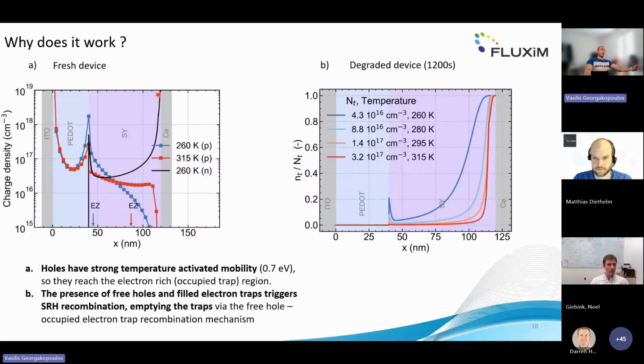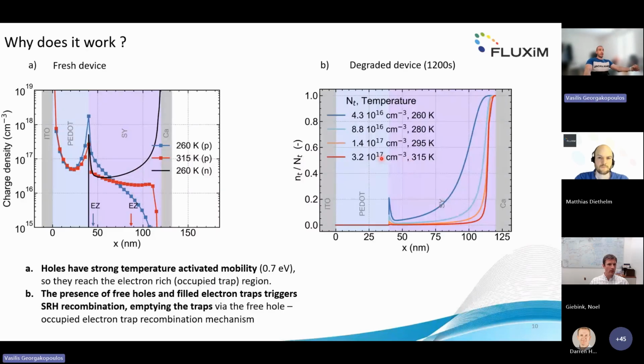So in the part where there is a high electron concentration, we'd expect the electron traps to be filled, and there is not going to be a lot of SRH recombination. But as we increase the temperature, we see that the holes start to proliferate across the device. The temperature activated transport kicks in, and they slowly start to have a decent presence in areas we call electron rich, where the trap occupation is high.